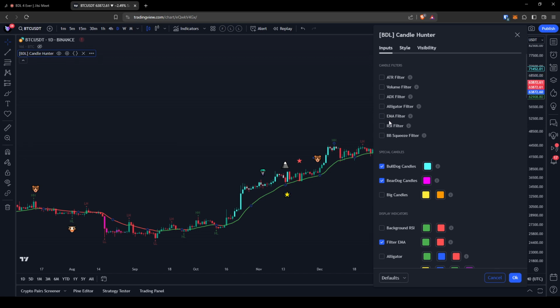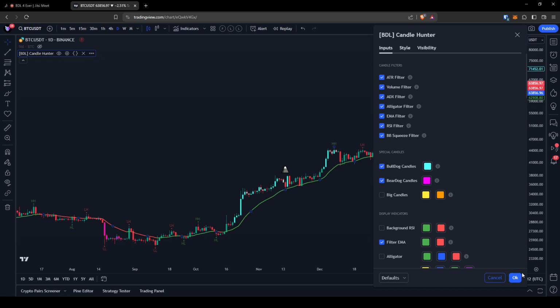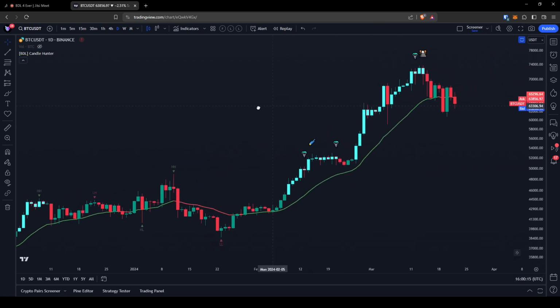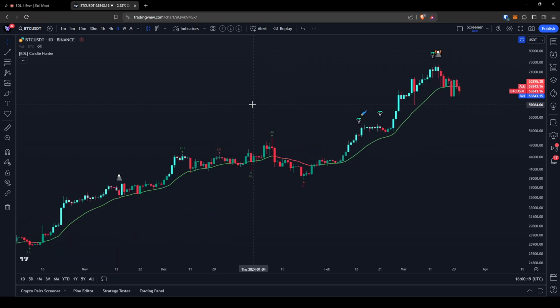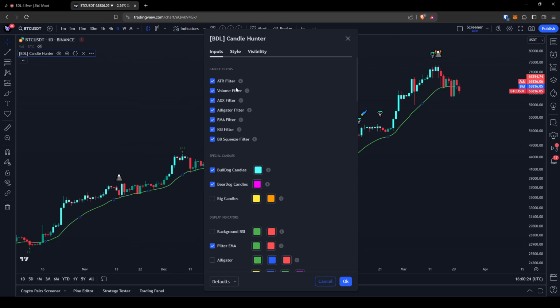Personally, I always like to see every candle, but using the filters gives you just a little bit more certainty or confluence. It takes out the noise a little bit. Absolutely. As an example, if you use the RSI filter, it only highlights candles in oversold or overbought territory, so it would remove a lot of candles.